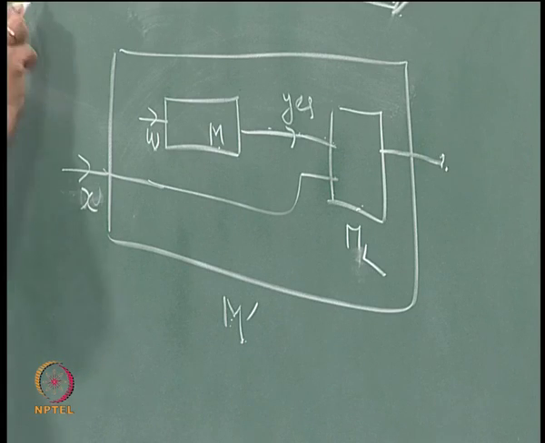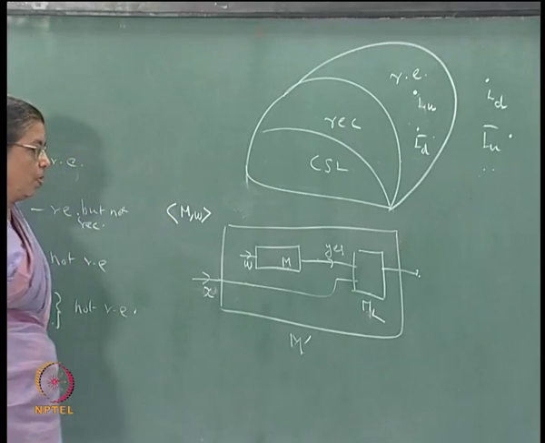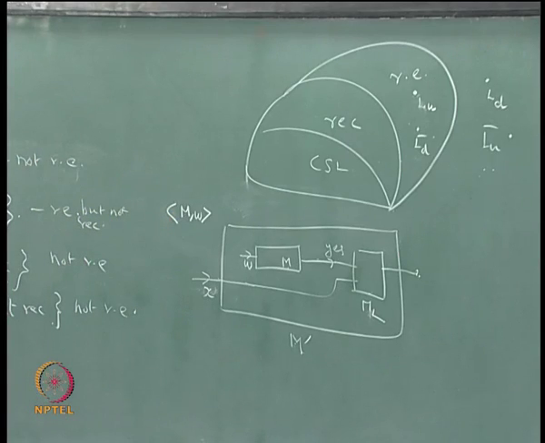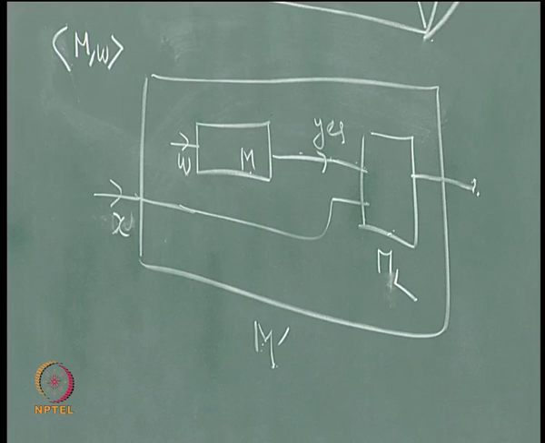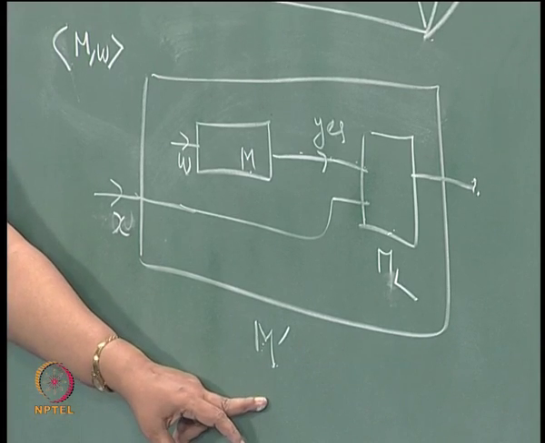For every pair M and w you can construct a machine M dash as follows.